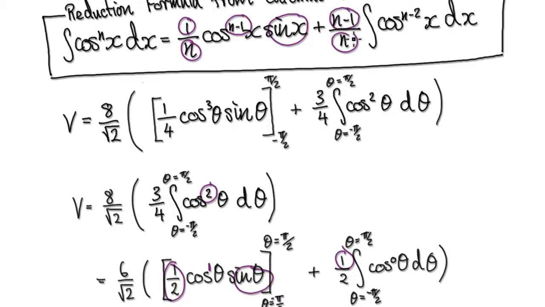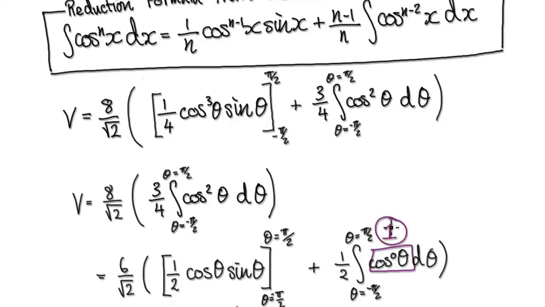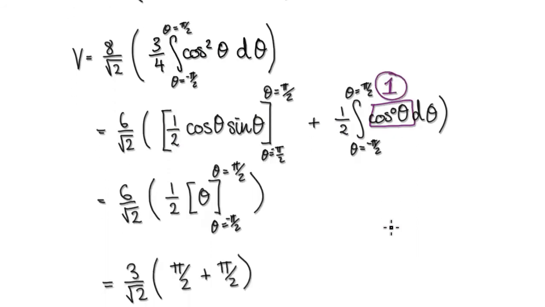And then n take away 2 would be 0, so this thing here will be the number 1. That will then take us to here.